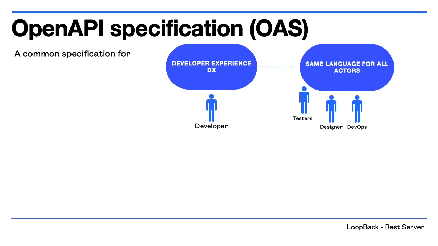So in this case, LoopBack 4 tries to please both worlds. For example, I as a developer don't care much about the designers, probably because I don't want to design in an OAS specification first. I just need to put my hands on the code and say, hey, I just need to create the controller and start testing, for example.